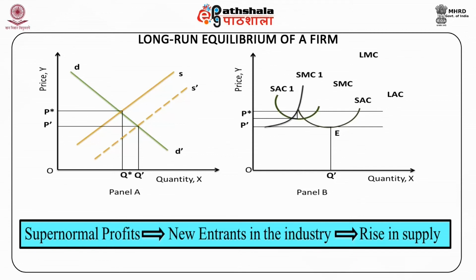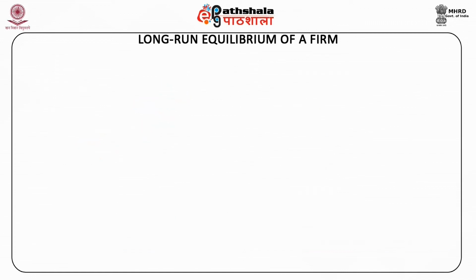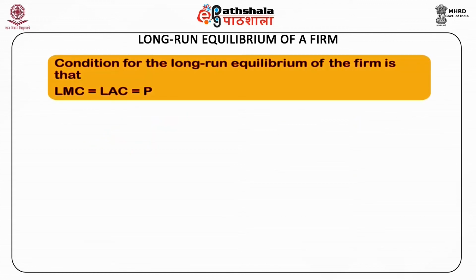Then the long run average cost curve shown in panel B will be the final cost curve. Thus, the condition for the long run equilibrium of the firm is that the long run marginal cost should be equal to the price and also to the long run average cost. Thus, long run marginal cost equals long run average cost, which is equal to price.